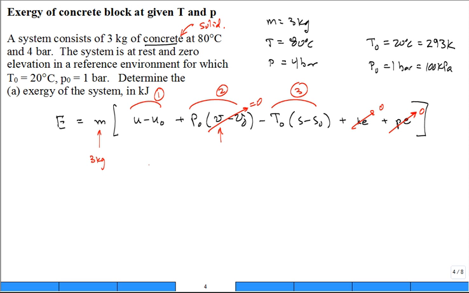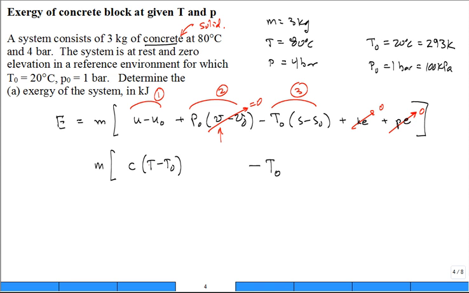All right, now how do I calculate the change in internal energy for an incompressible substance? Hey, let's use that specific heat, true? So that's going to be C times T minus T naught. Is that true? Yeah. And then over here we have minus T naught. Now I need to calculate the change in entropy.